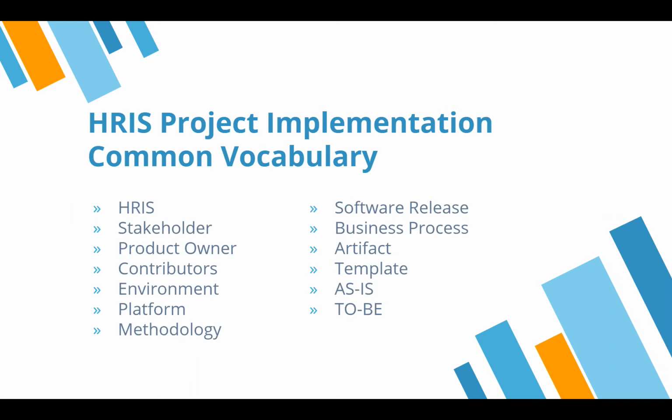it could be pretty much anything that you bring to the table. And then the last two terms here are as-is and to-be, and these delve a little bit deeper into the methodology side of the house. But the biggest key when building or deploying a new HRIS system is how is your world today and how do you want your world to look?